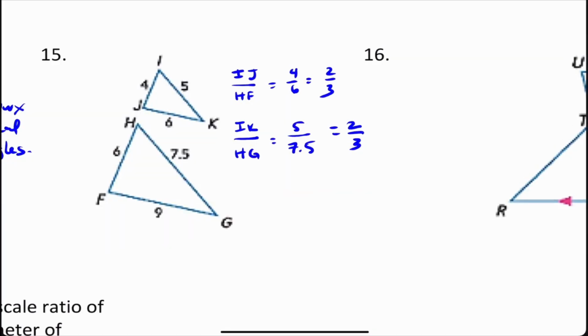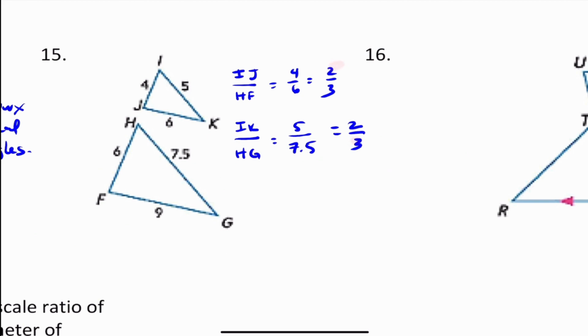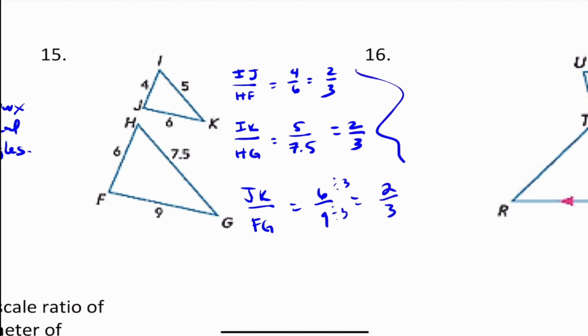Great, I'm off to a great start. I have 2/3 here, 2/3 here. Will 6 over 9 give me 2/3? Let's see. So I have JK over FG. So 6 over 9 reduces to 2/3. Nice. So that means that all of the corresponding sides are proportional to each other.